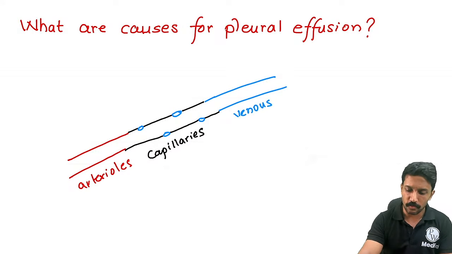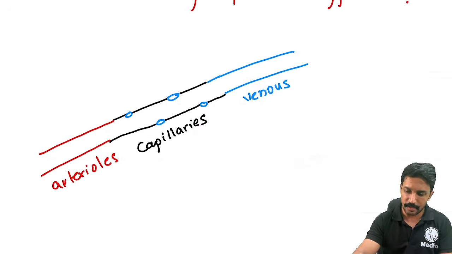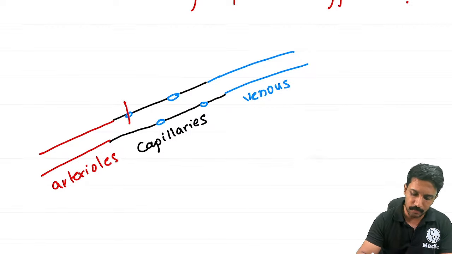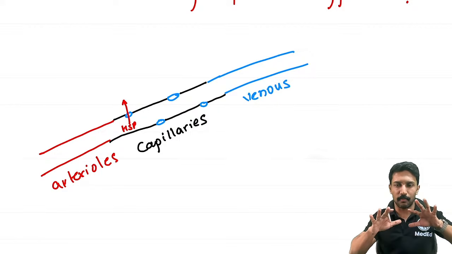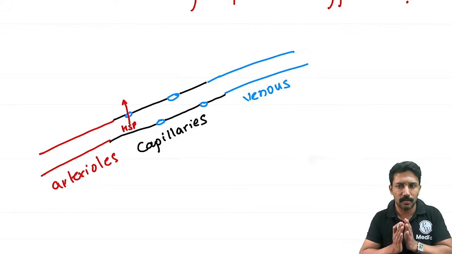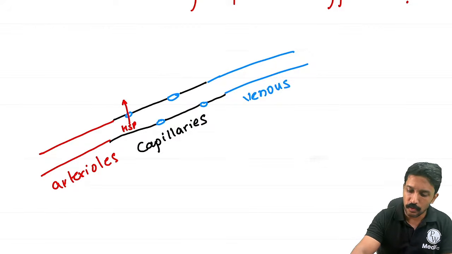The force that wants to drive the fluid out is called hydrostatic pressure. It wants to push the fluid out from the capillaries into the interstitium, or in our case into the pleural space. The force that wants to retain the fluid inside is called oncotic pressure.